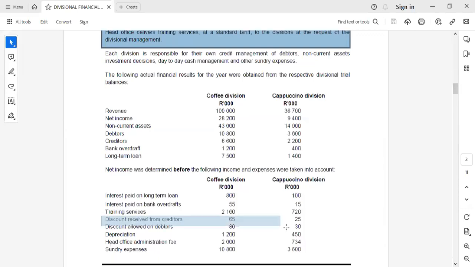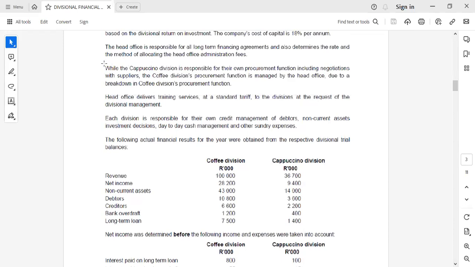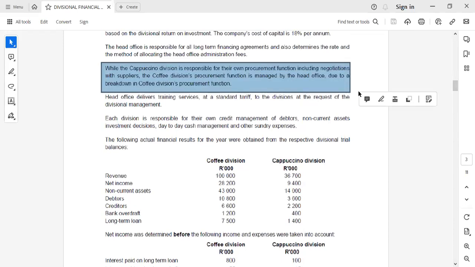Discount received from creditors. If you know your procurement process, a discount received is part of procurement. We've been told that Cappuccino is responsible for their own procurement, including negotiations with suppliers. Remember, discounts received come from negotiations with suppliers. The coffee division's function is managed by head office due to a breakdown in the coffee division's procurement function.